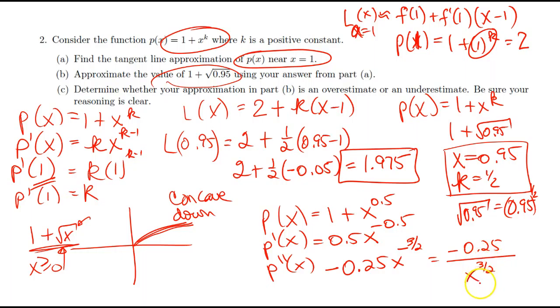X to the 3/2 is saying you're going to take x to the third and take the square root of it. So again, you can only use positives. This will never be equal to 0 is what I'm trying to get at. It'll never be equal to 0, so there are no inflection points.